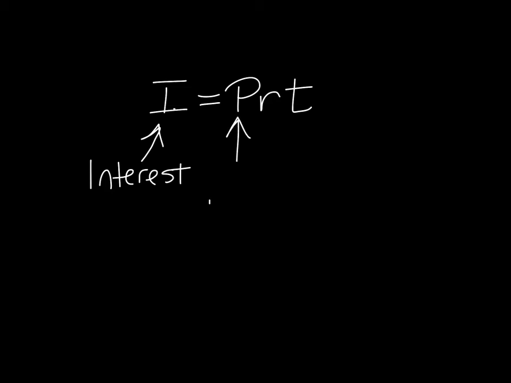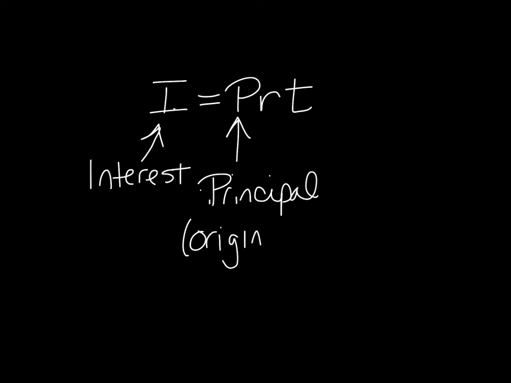P is the principal. And this is really the original amount of the account. So if you put $500 into a savings account, you'd put $500 in for P. Or if you borrowed $1,000, you'd put $1,000 in for P.